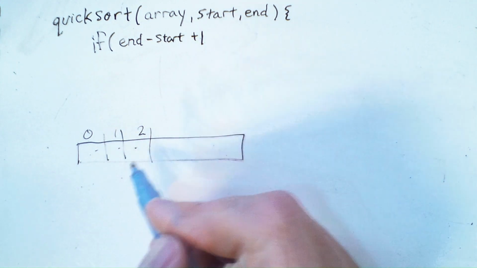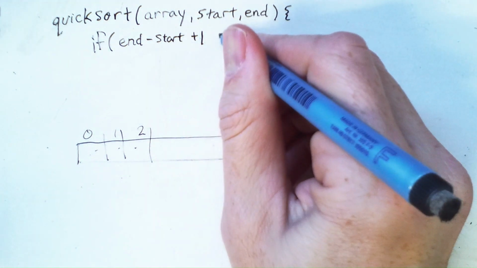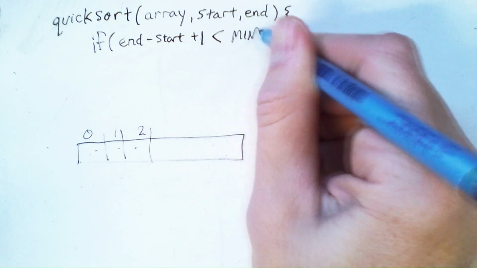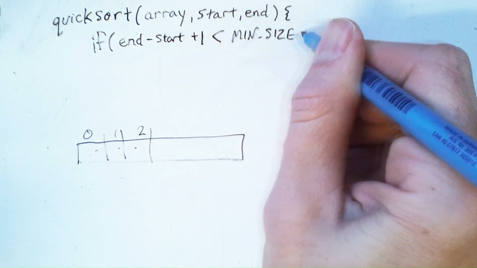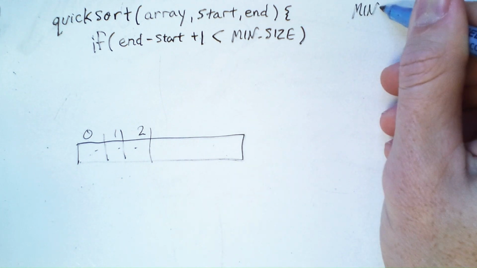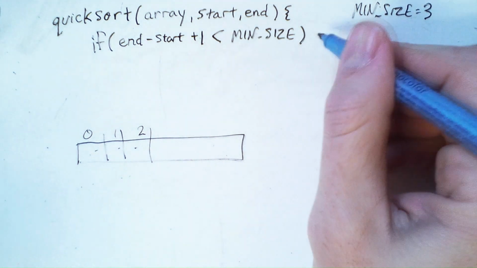And so if I want to count the size of that subregion, I add 1. Now, as long as this is less than some min size, which would be defined elsewhere as being 3, in this case, we're going to do insertion sort.